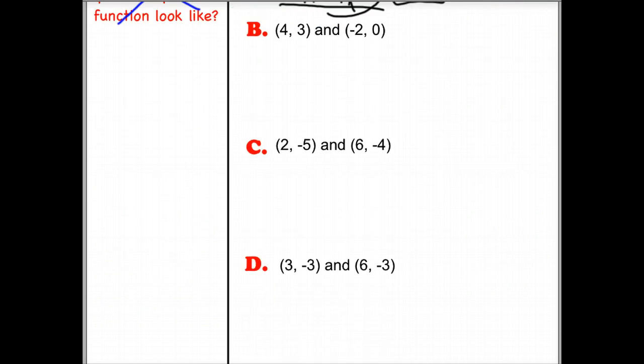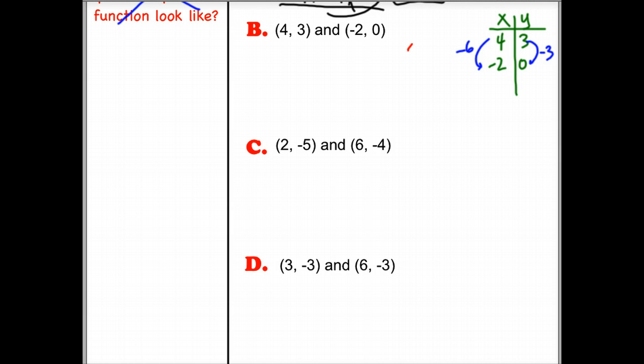Our next example has these 2 points, and again we're going to make that xy table. 4, 3, and -2, 0. So our change in y is going to be -3, and our change in x is going to be -6.